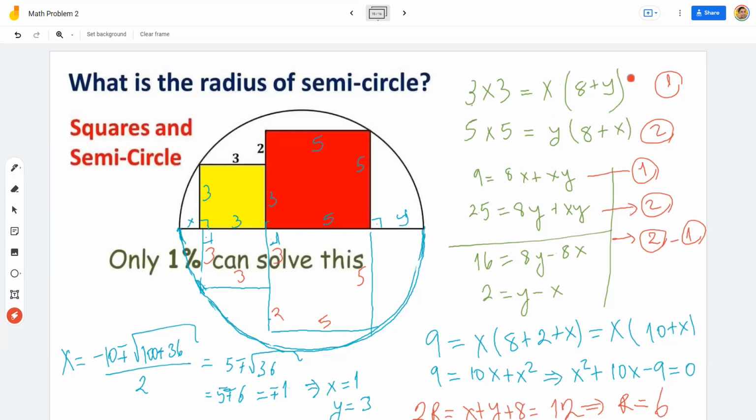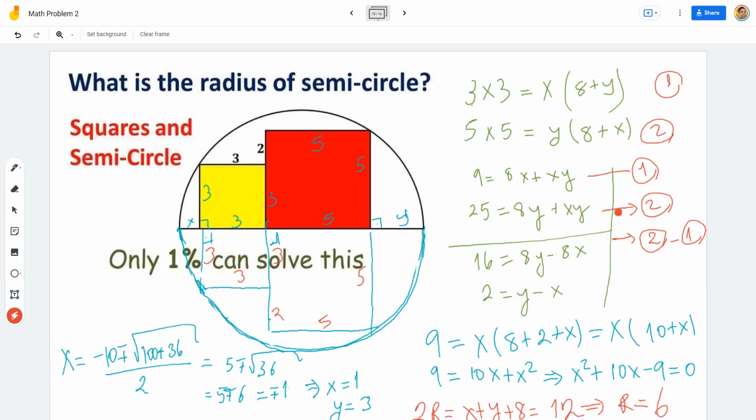So first, let's remove the brackets. So 9 equals 8x plus xy, and the second one is 25 equals 8y plus xy. So we have two equations, equation 1 and equation 2. This labeling is to make it easier for you to follow what's going on.